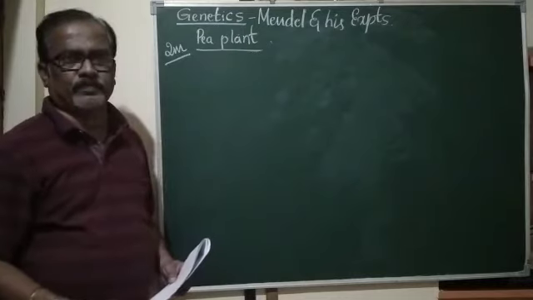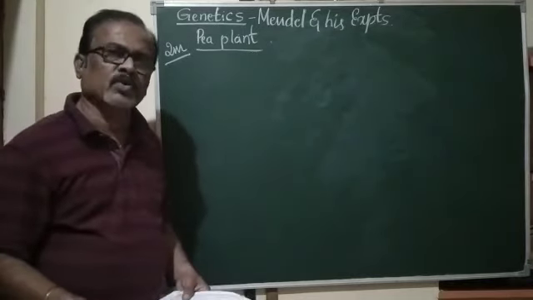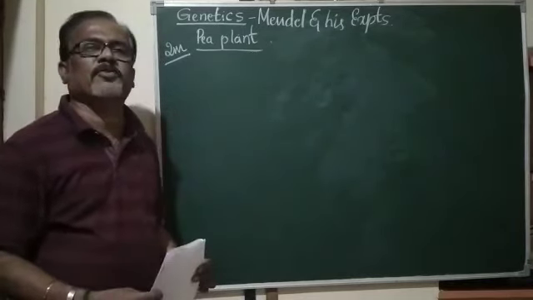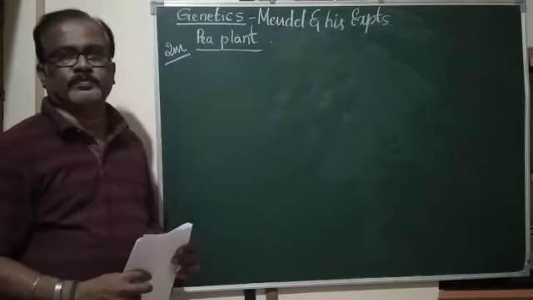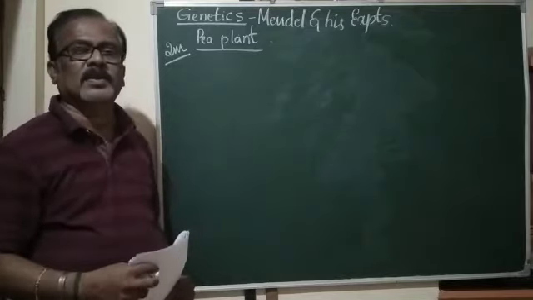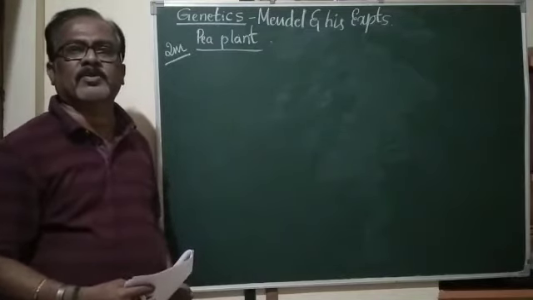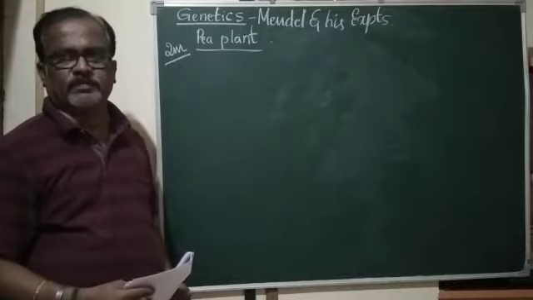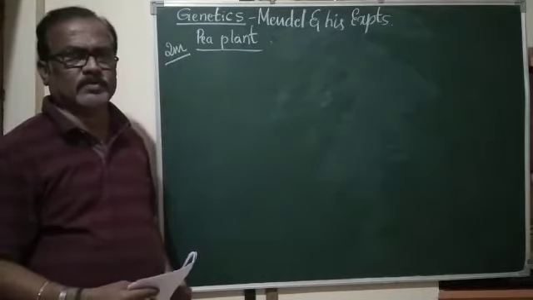And those flowers are easy for crossing also. Because of these advantages, Mendel selected garden pea plant for his experimental work.